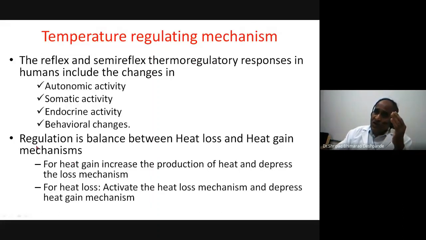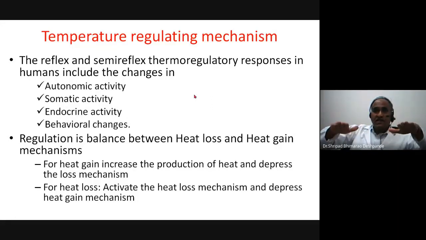Now, if you are looking at the regulation, what is this regulation all about? Actually, regulation is a system in which heat loss and heat gain are equalized. So that means our body tries to balance the heat loss or heat gain mechanism so that they are kept at one level, so that it works at 37 degrees Celsius.